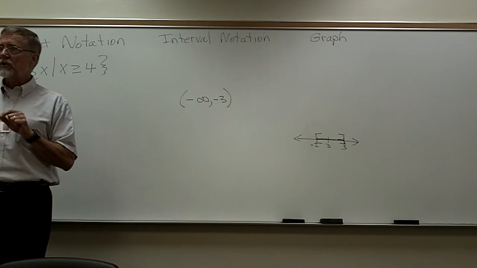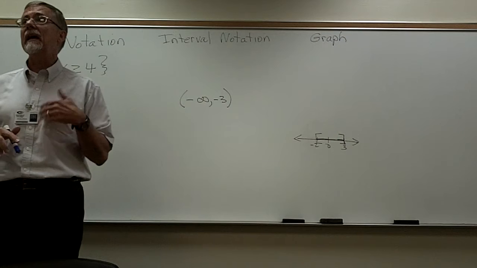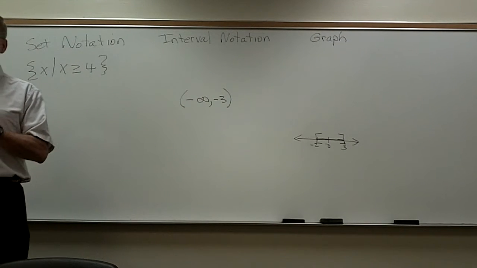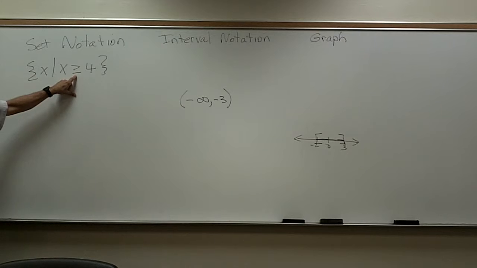The bracket is used whenever we have an exact value. The parenthesis is used when we have just an approximate value. So bracket represents precision, or more specifically, a bracket is used whenever you've got the equal to included as part of an inequality. And when you have what's called a strict inequality, that means it just goes in one direction or the other.